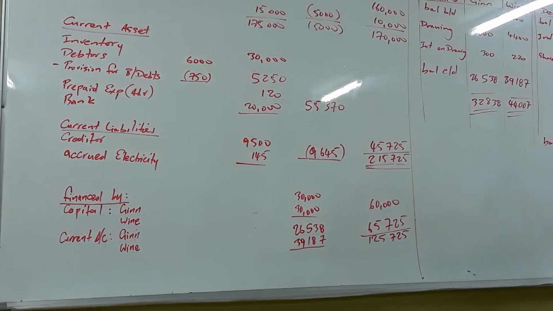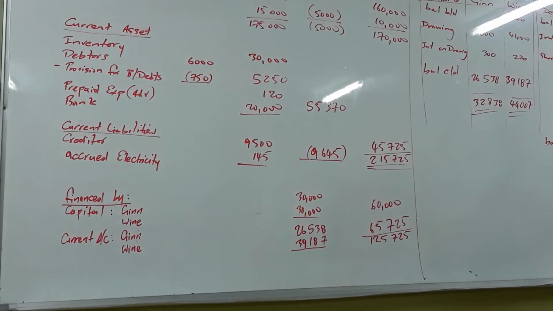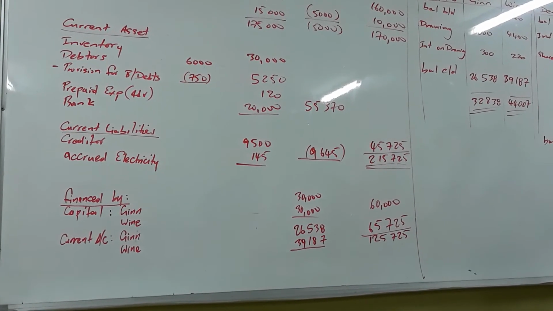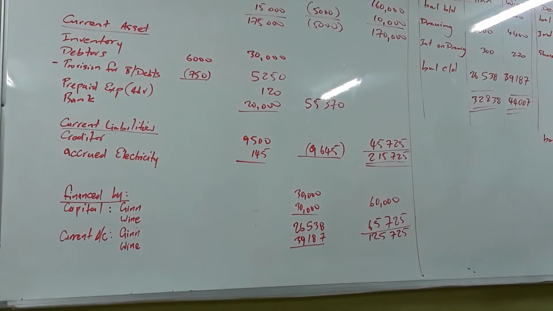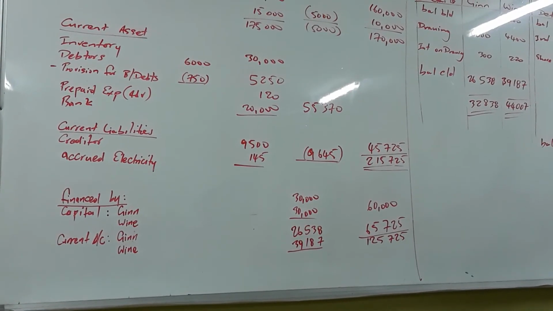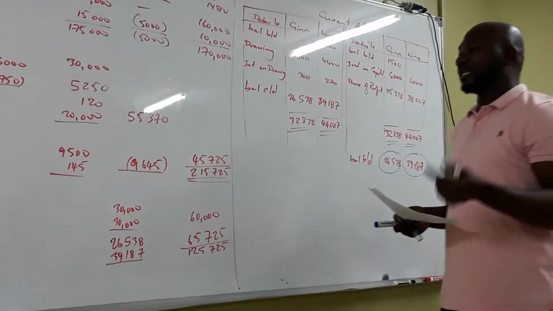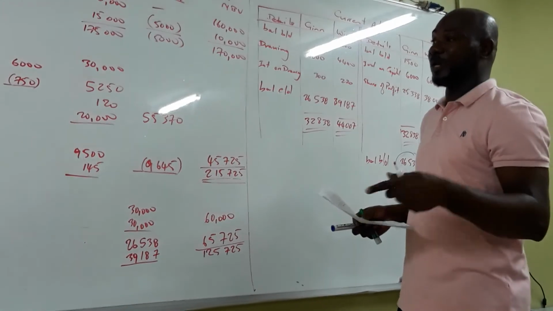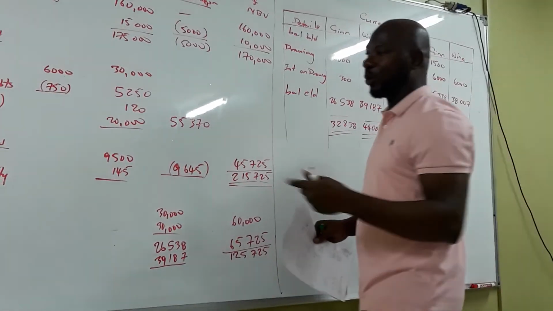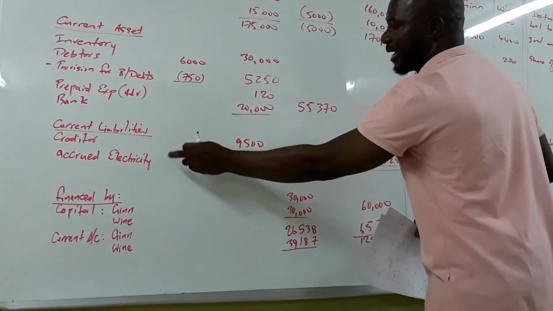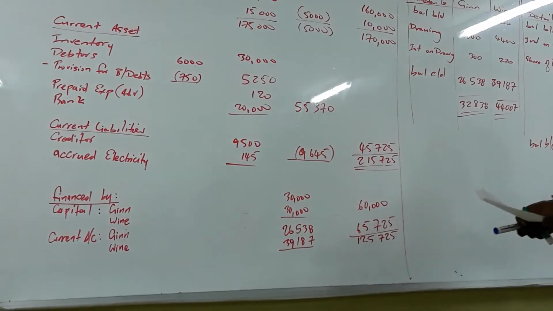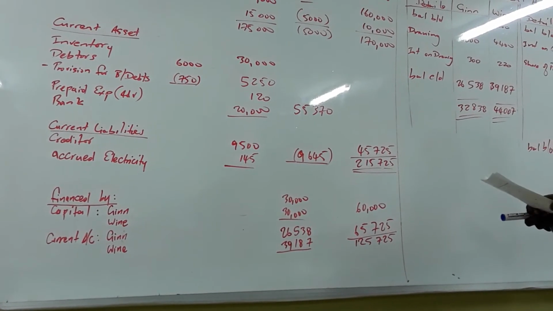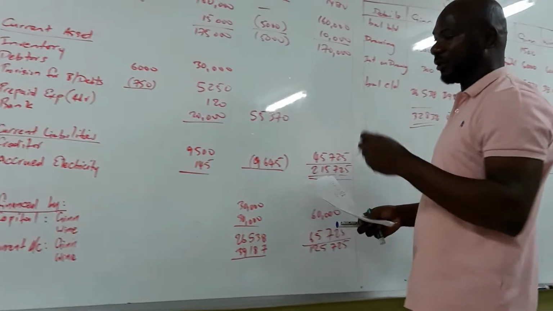No. Because if we notice, there was a liability. Now it didn't state that it's a short-term liability. If it was, they would have to say that it's a liability due in a period of less than a year, and we would have included it under current liabilities. But that was not stated. So there was a loan, and the assumption is that it's a long-term loan.